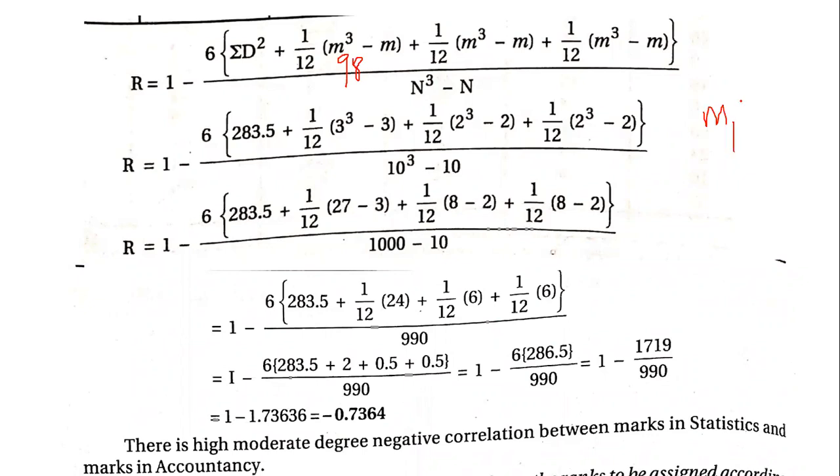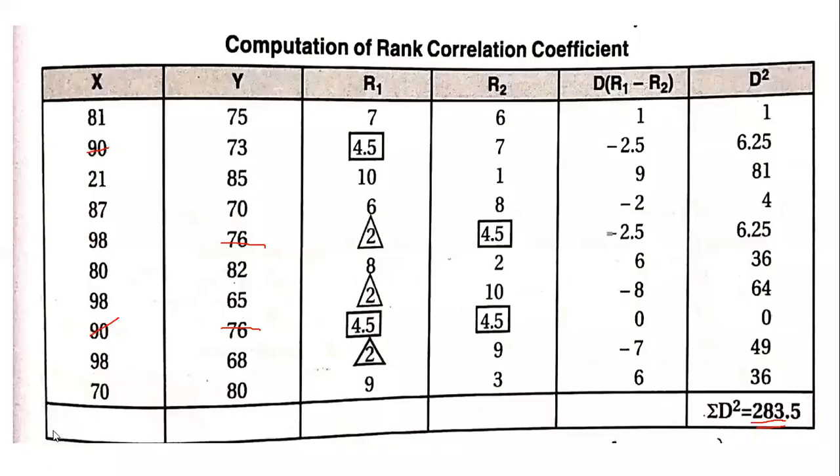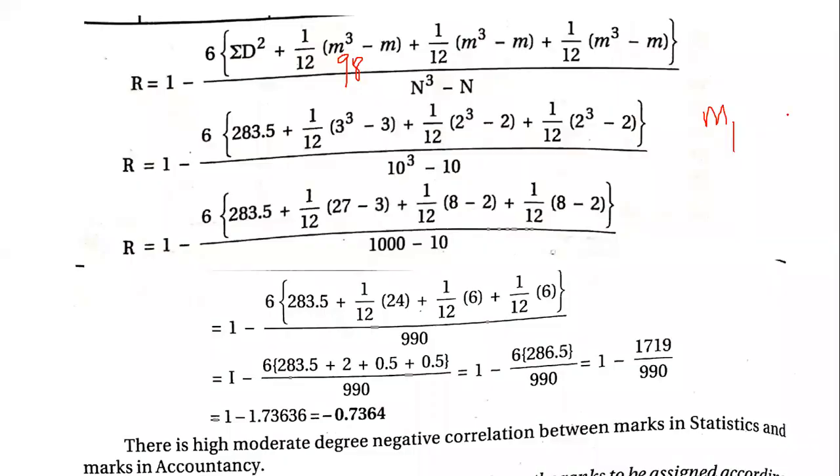Now 98 is repeated 3 times, 1, 2, 3. So I can take m1 being 3. So that is why 3 cube, this cube is always there in the formula. So m is equal to 3, so 3 cube minus 3.